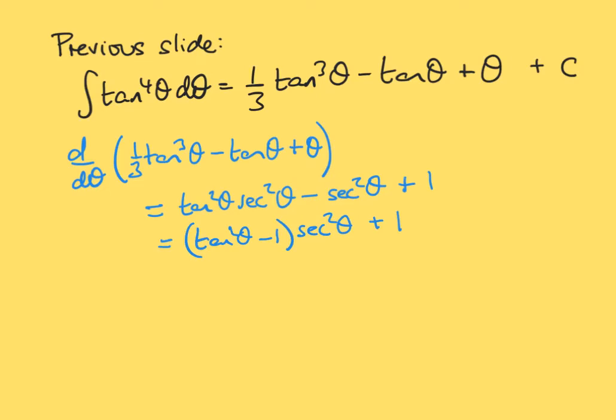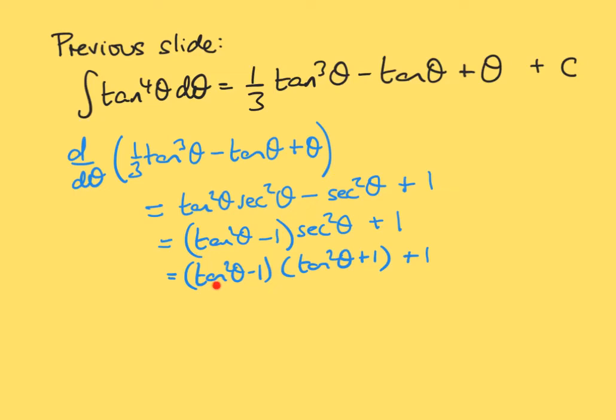Sec squared theta is 1 plus tan squared theta. I'm trying to write everything here in terms of powers of tangent because that's the original integrand just in terms of powers of tangent. So this is tan squared theta minus 1 times tan squared theta plus 1 from our identity. And then there is this plus 1 at the end here.